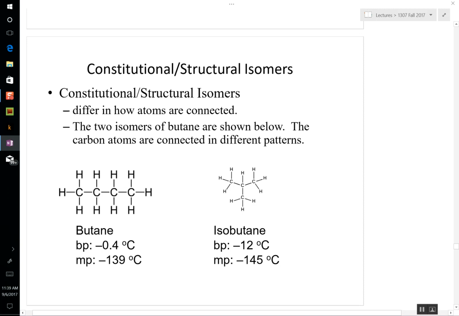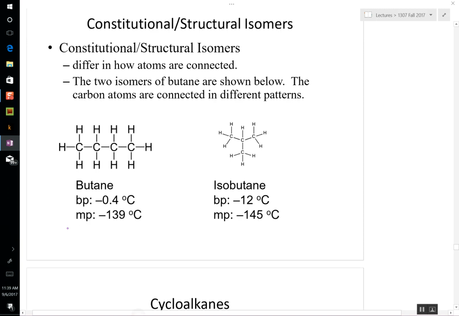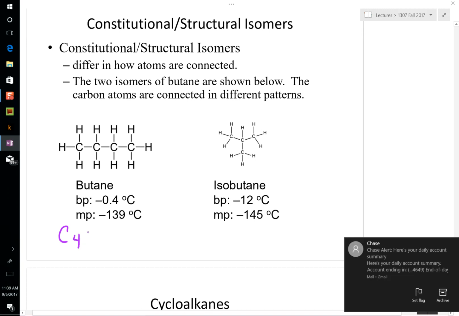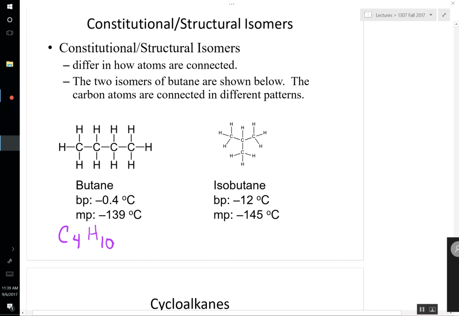This will introduce the concept of isomers. Butane. Now, what you already know about butane. Here, look, butane is N is 4. 2N plus 2 is 10. 2, 4, 6, 8, 9, 10 hydrogens. That's the molecular formula of butane. Now look over here.